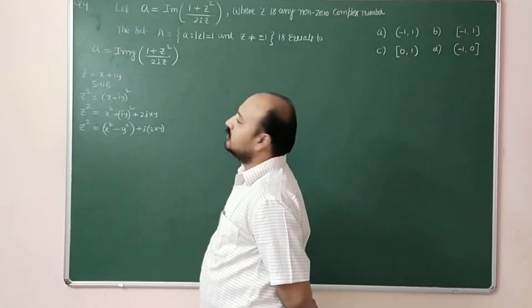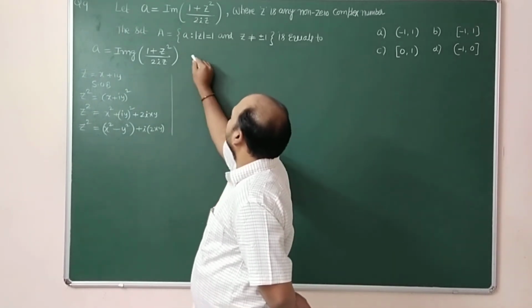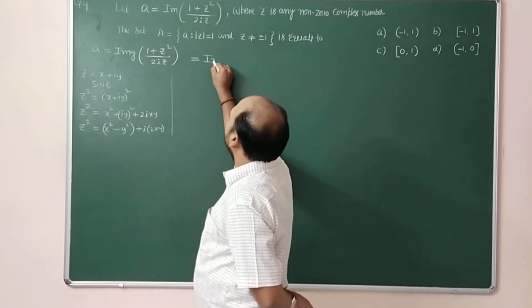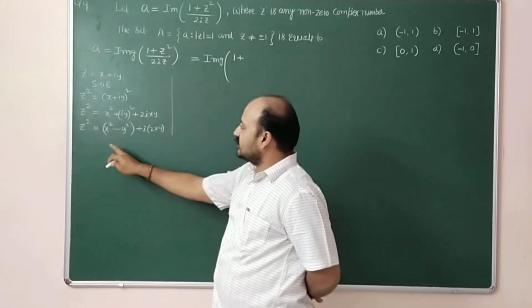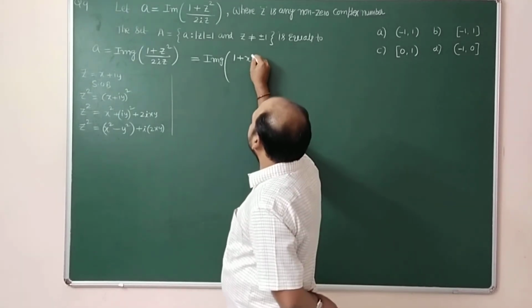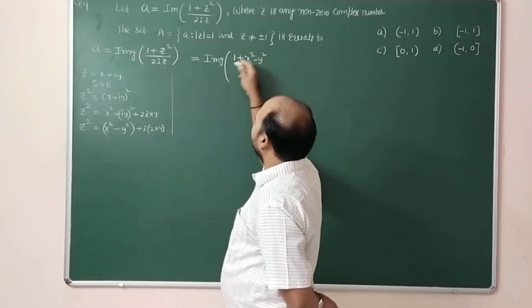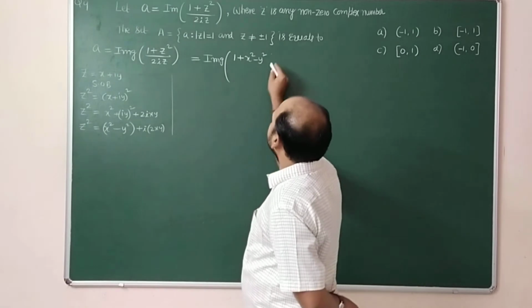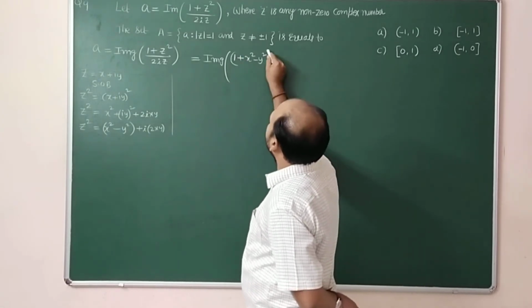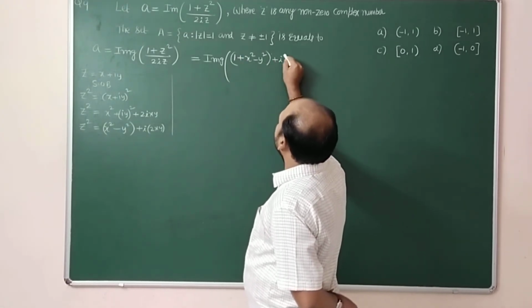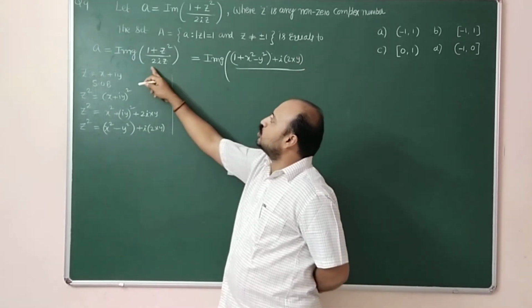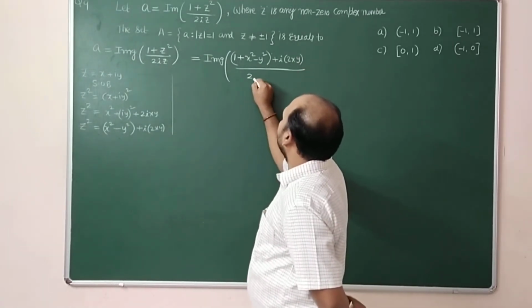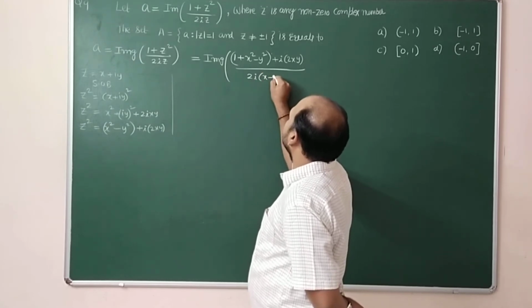Now come to here, the imaginary part of 1 plus the z square value, x square minus y square, where 1 is constant, and the rest of the terms, i into 2xy, divided by 2iz. 2i into z means x plus iy.